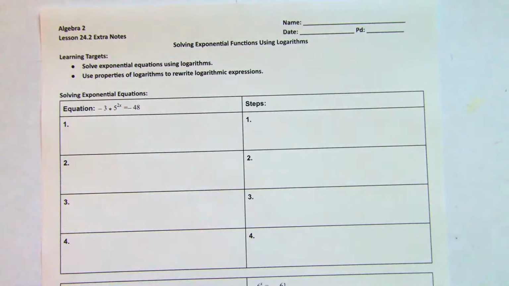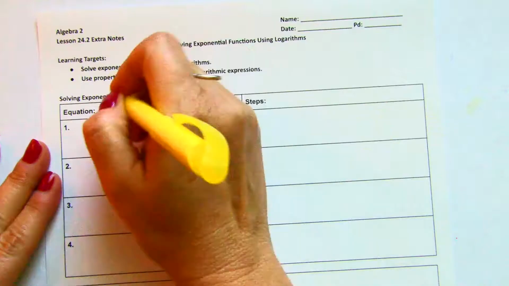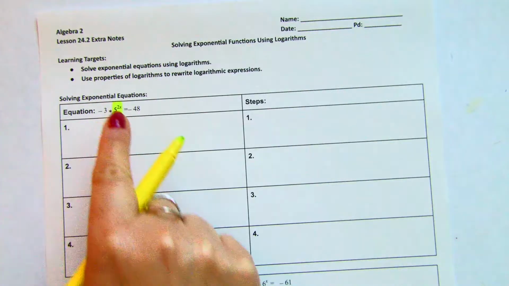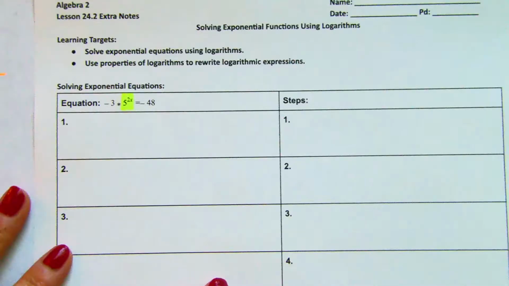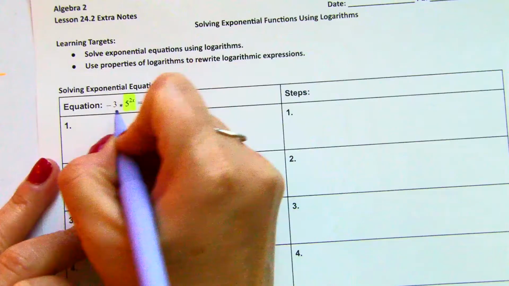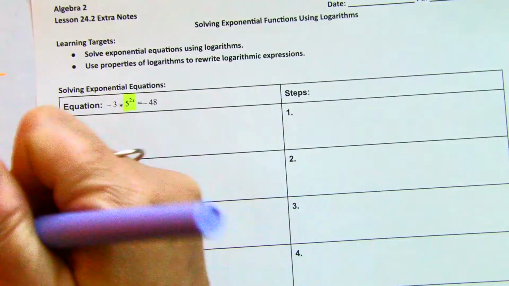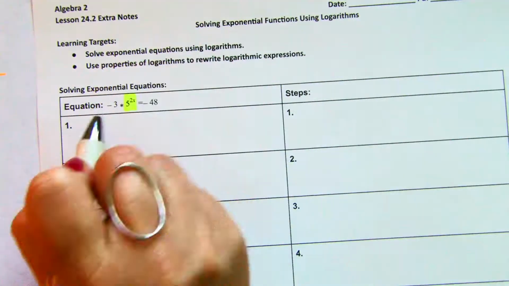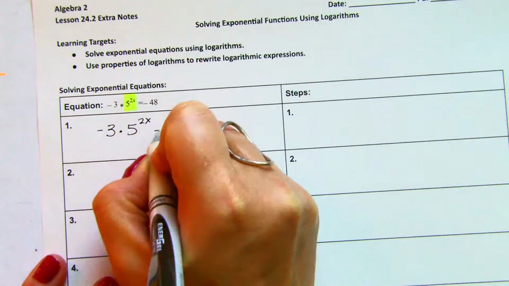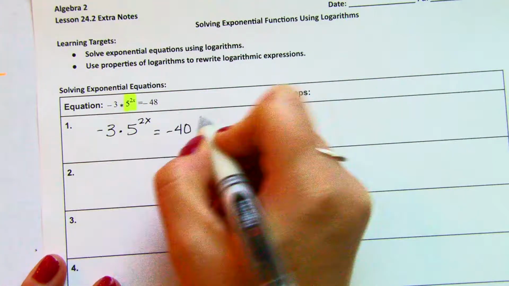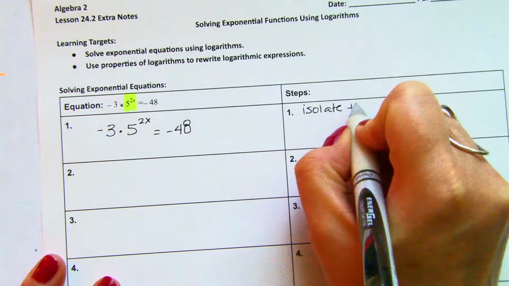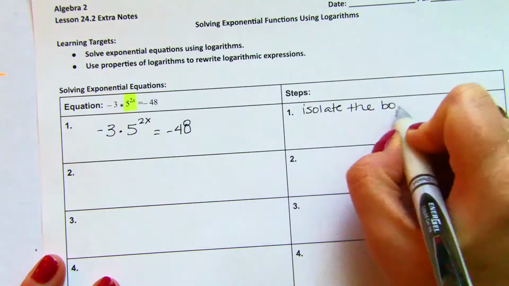So when you have a power in an equation, so an exponential equation, and you have a bunch of other stuff with it, what you want to try to do is isolate that before you apply all the rules that we learned. So in this case, I'm going to write it on these little lines. So the strategy is to isolate the power.